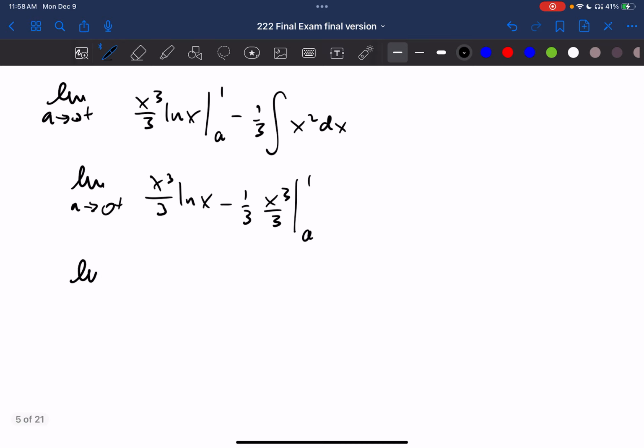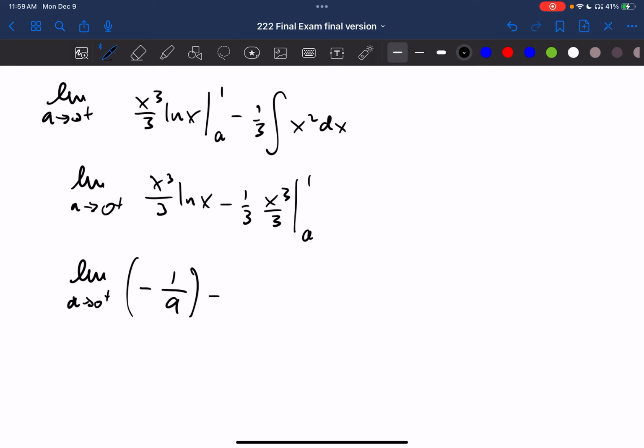Here we can see the limit as a goes to 0 from the right. We'll get 1 over 3 times ln 1, which is 0, so we don't have to worry about this term right now. Plugging in 1 here, we're going to get a negative 1 times 1 cubed, which is 1, over 3 times 3, which is 9.